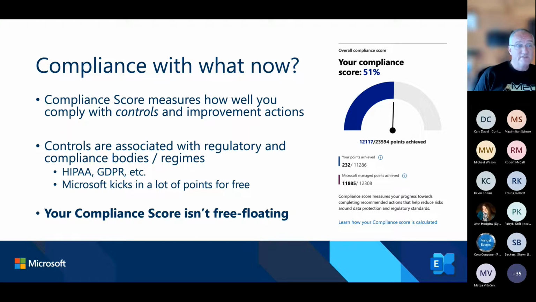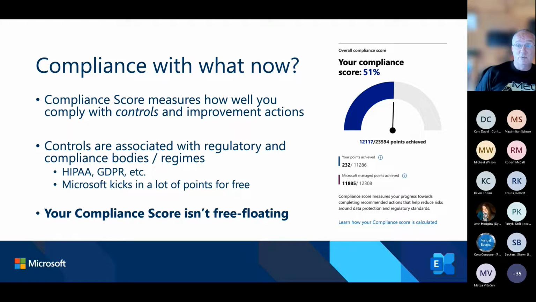For those of you that have taken physics classes in the distant past, one way to think about it is that your secure score is a scalar, like your speed, right? If I say I'm going 55 miles an hour, that tells you how fast I'm going, but it doesn't tell you the direction. It's not the same as velocity because velocity is a vector. It's a speed and a direction.